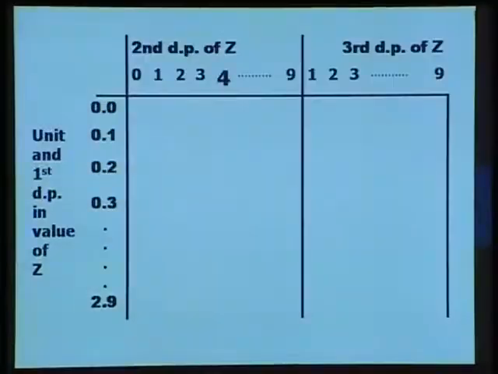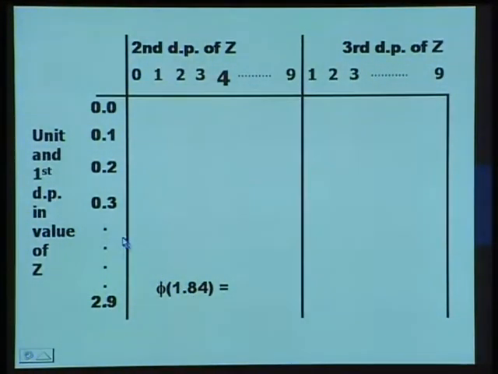So we are going to show you how to use the normal table to evaluate one value of phi. Suppose that we have to evaluate phi(1.84), which means we want to find the value of phi when Z is 1.84.